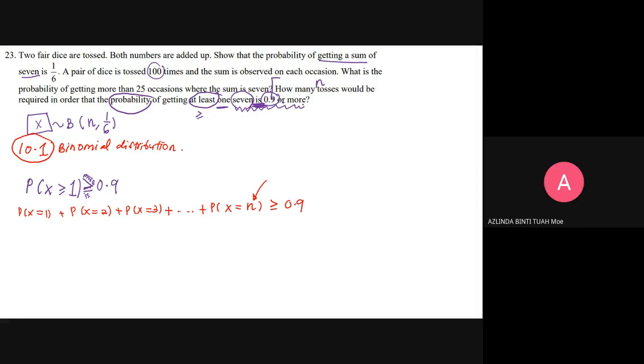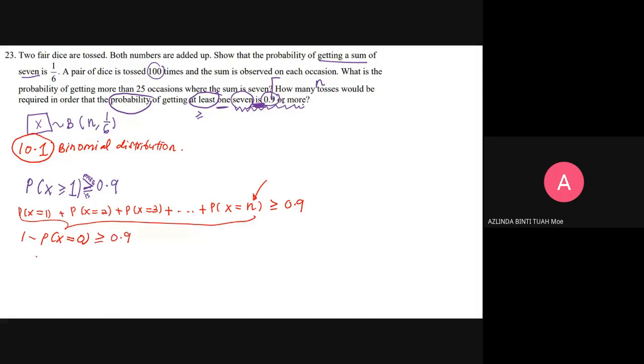What is the alternative? 1 minus P(X=0). So 1 minus P(X=0) means the same as adding up x equals 1 up to x equals n. So the left side can be replaced with 1 minus, and then greater or equal to 0.9.